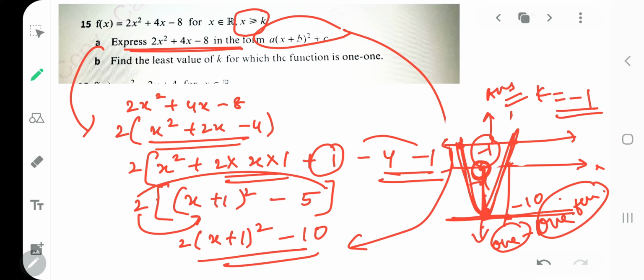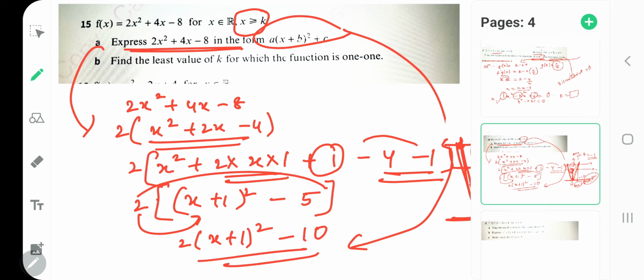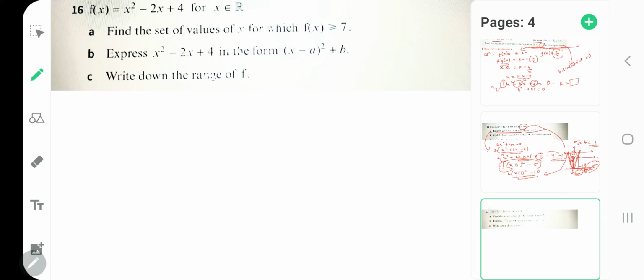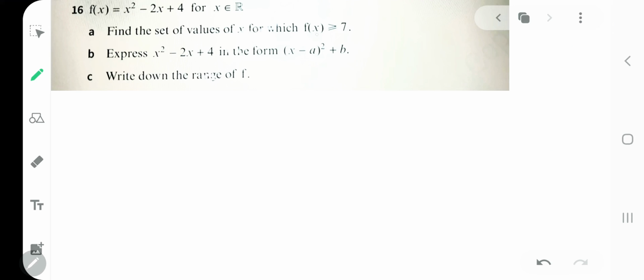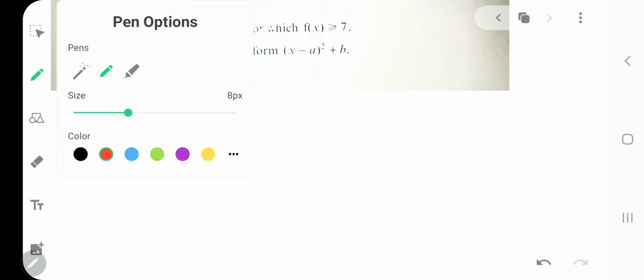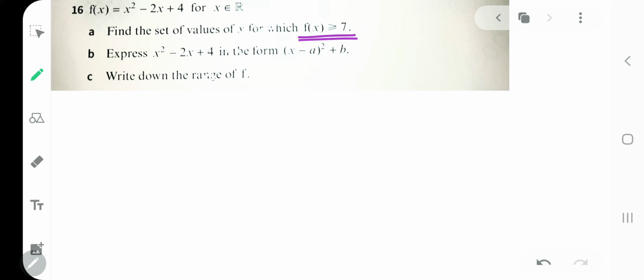Okay, your next problem is, let's see what it says. We have a function f(x) equal to x square minus 2x plus 4. Okay, and you have to find the set of values of x for which f(x) is greater than or equal to 7. Okay, so shall we start?